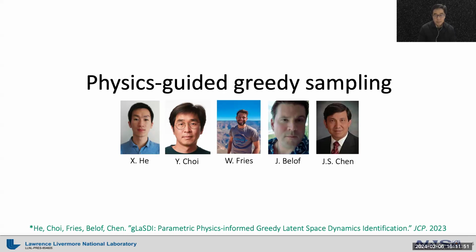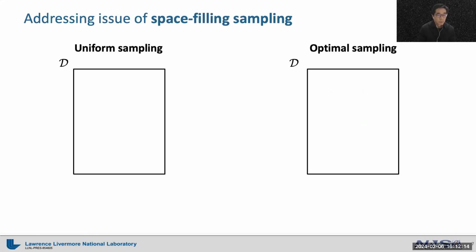Pretty much all data-driven approaches require you to generate the data, and where in your parameter space you generate those data is very important. If you use physics information when you sample your parameter space and generate the data, that will reduce the total number of training data you need to generate.